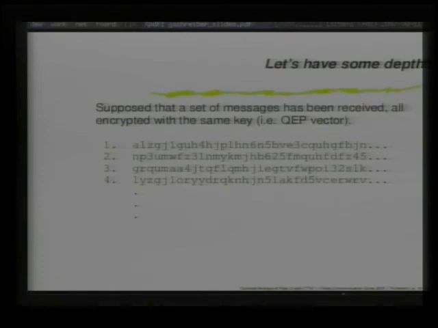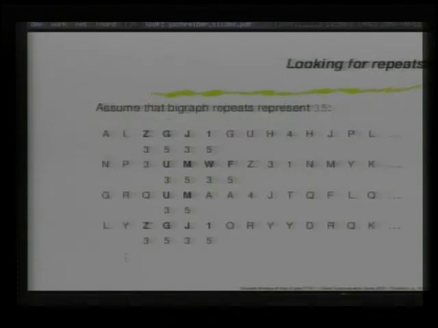So you can look if you find in the plain text a 3 and a 5, and in the ciphertext a U and a G in the same column.